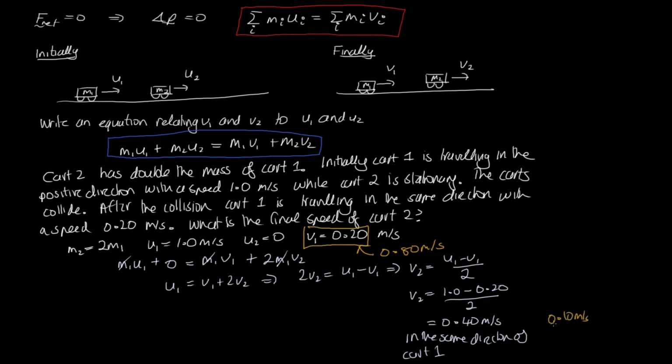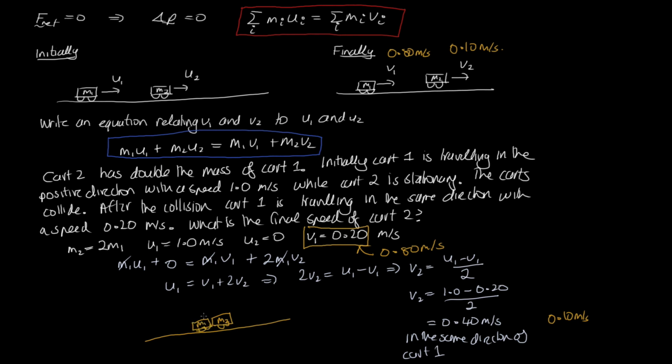Now the problem with this is that if cart 2 is traveling at 0.10 meters per second, but cart 1 was going at 0.80 meters per second, that's just not going to be physically feasible, because here is cart 2 and here is cart 1.